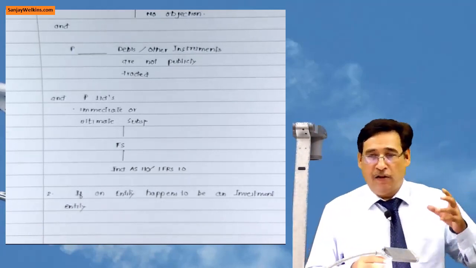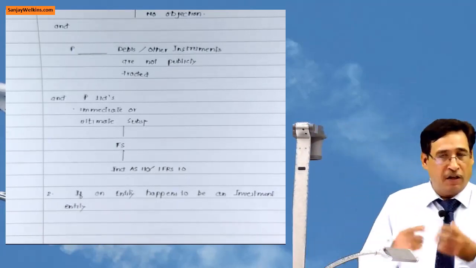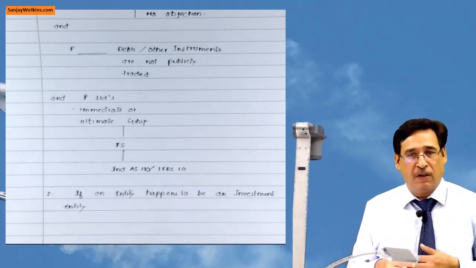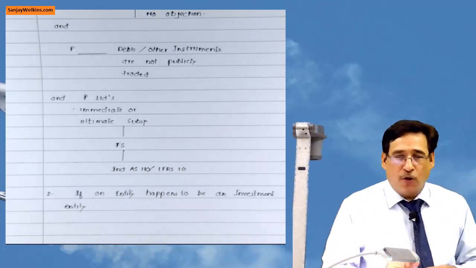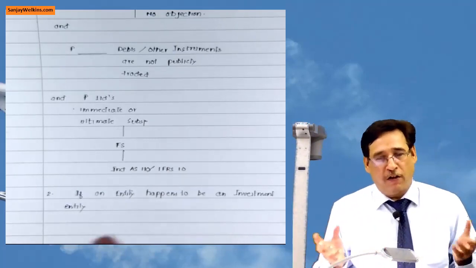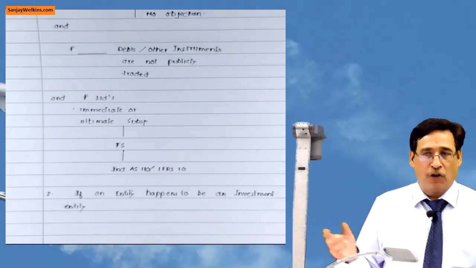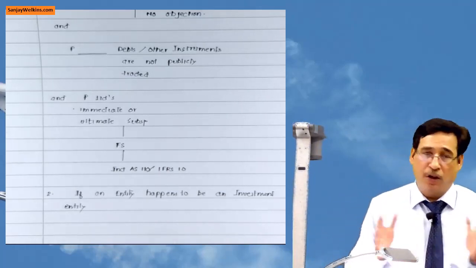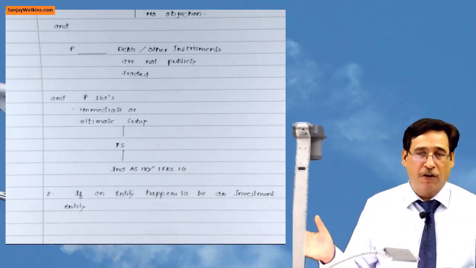What do we mean by an investment entity? An investment entity is an entity which has procured funds from different investors, but the purpose is to invest those funds only in securities for the purpose of earning returns or for capital appreciation. Then you happen to be an investment entity. In that particular case, you need not prepare consolidated financial statements.